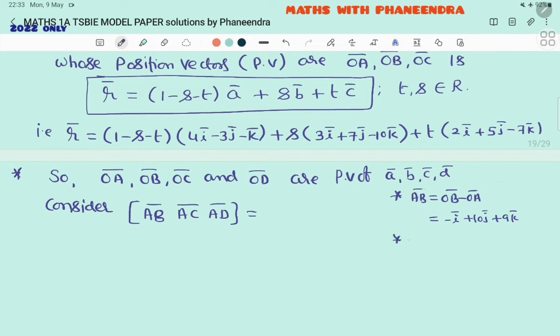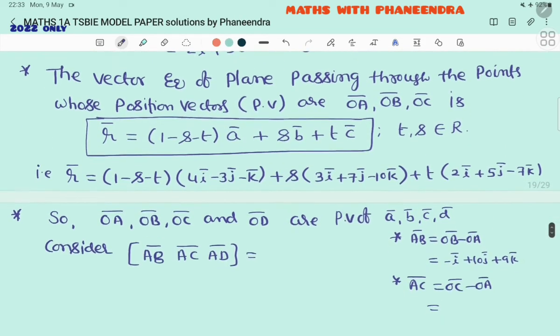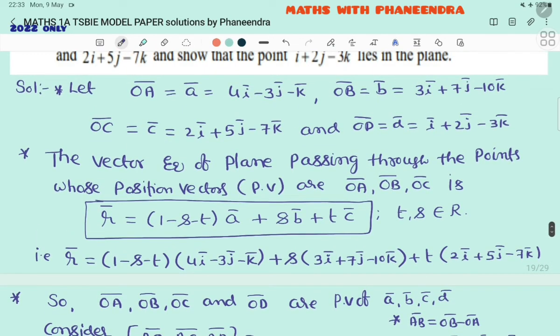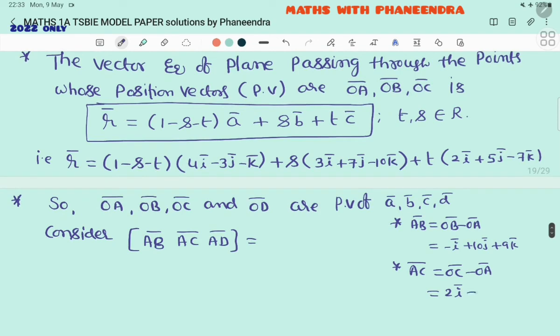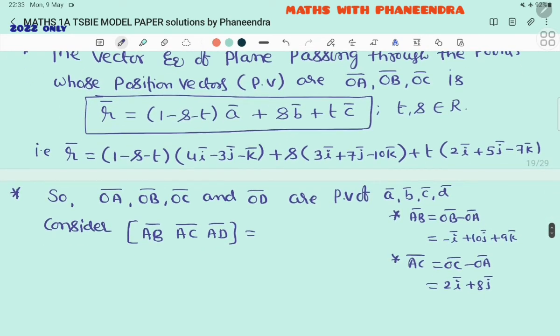Next, similarly AC. AC means OC minus OA. So OC vector: 2i minus 4i is minus 2i. 5j minus of minus 3, so plus 8j. Minus 7k plus k, so minus 6k.